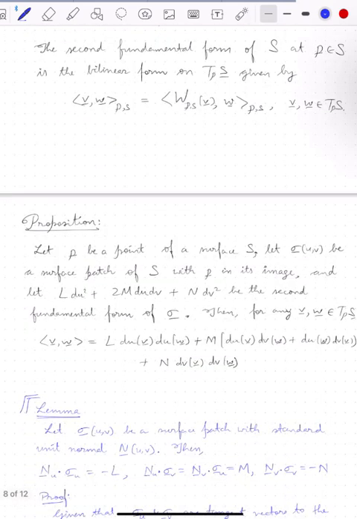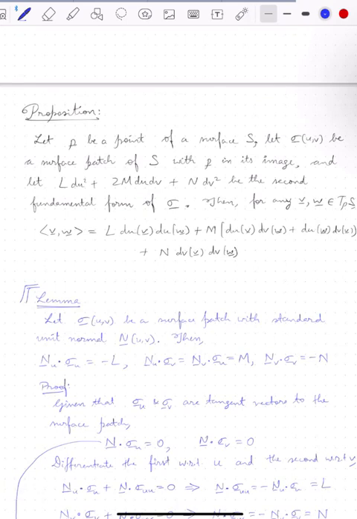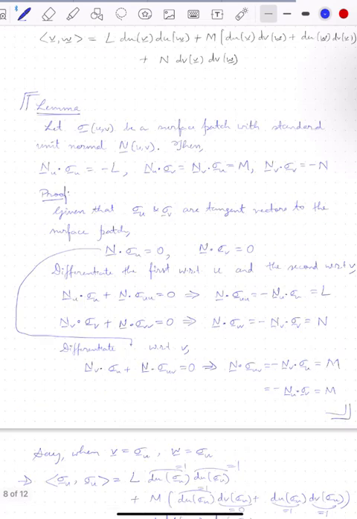So this is how we had defined the bilinear form for the second fundamental form in terms of V and W. And we had also followed through a lemma where we showed that it is actually true, right? And here it should have been minus, right?